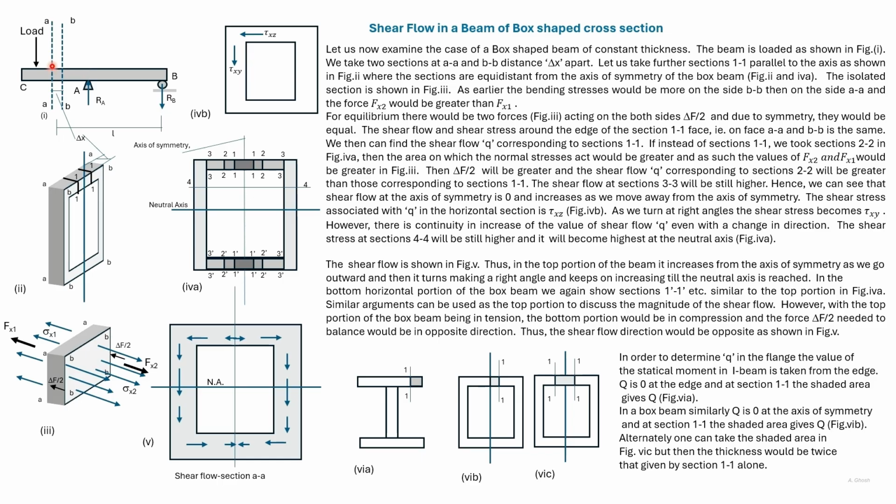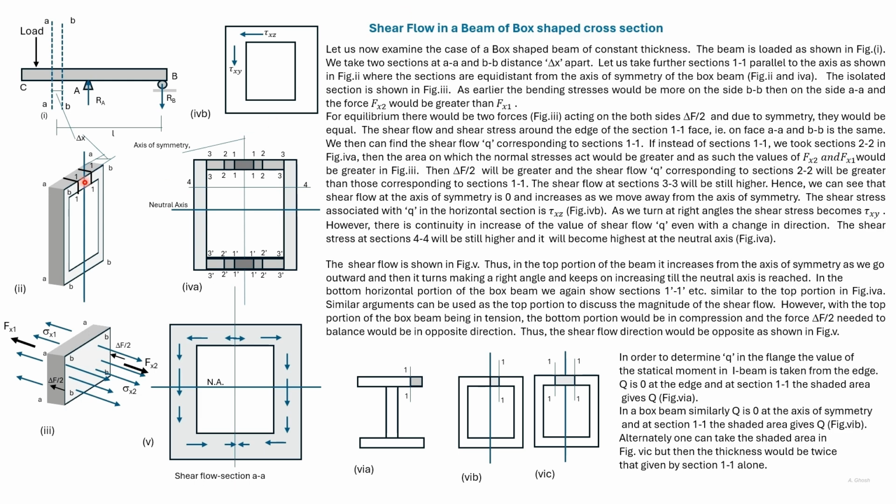For a section such as AA, this is the view of the box-shaped cross-section. In the horizontal portions, the shear stress will be tau xz, and in the vertical portion, the shear stress will be tau xy.